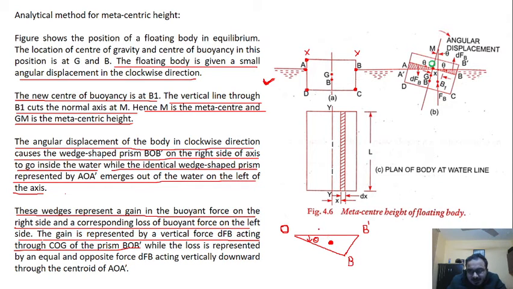So here there will be a buoyant force like this, that is dFb, while the loss is represented by an equal and opposite force dFb vertically downward through the centroid of AOA prime. That is, a similar kind of condition is present over here.